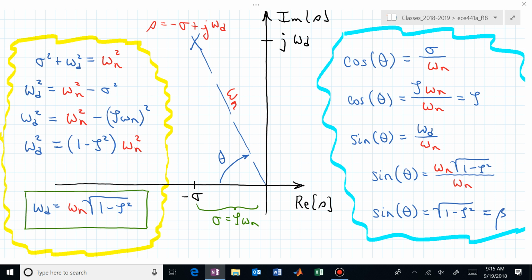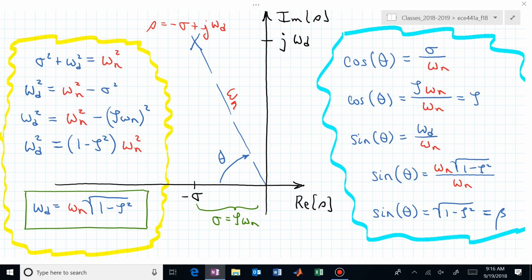You can also find an expression for sine of theta. That's opposite over hypotenuse, which is now omega sub d over omega sub n. And omega sub n times the square root of 1 minus zeta squared is omega sub d. And that shows us then that sine of theta is the square root of 1 minus zeta squared.